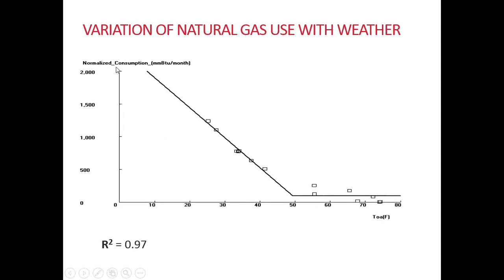We can look at that again a different way in natural gas versus outdoor air temperature, and we see a change point temperature of about 49, which is a little bit better. Again, in an ideal world, this balanced point temperature and the cooling balanced point temperature would be equal. But here we see this low baseline, it's very nice, and then as the temperature goes down, they're using more natural gas to heat.